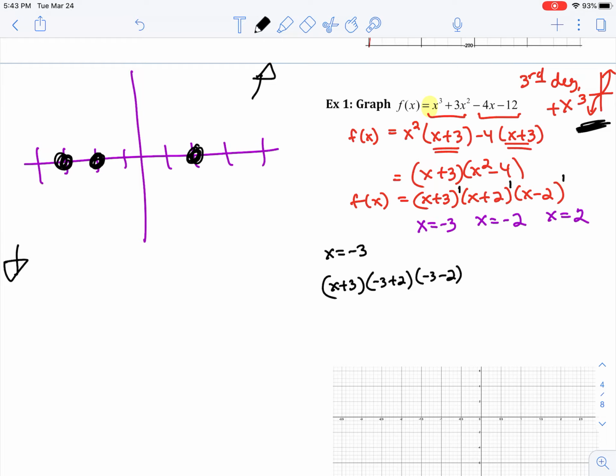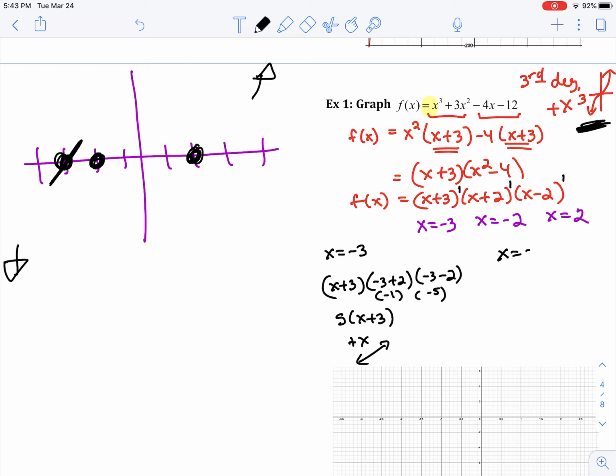So this is a -1, this is a -5, and I get a positive 5 times x plus 3, which we know is a positive slope line. So our graph should look something like that. Around x equals -3, we should have this positive slope line behavior.